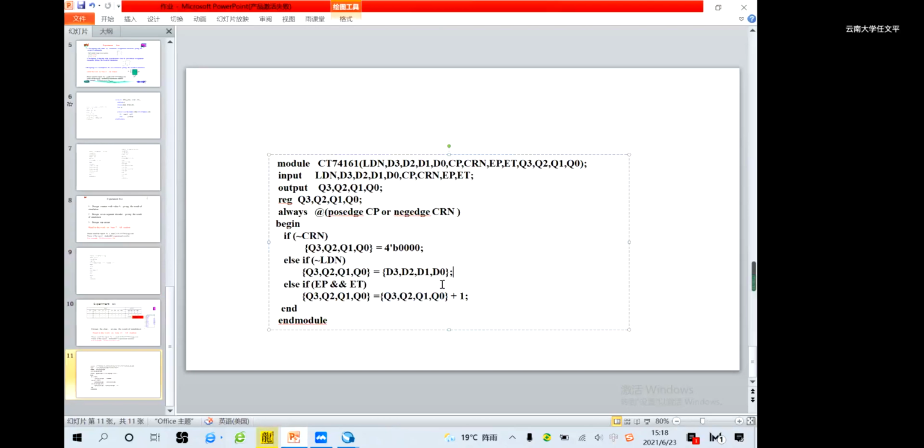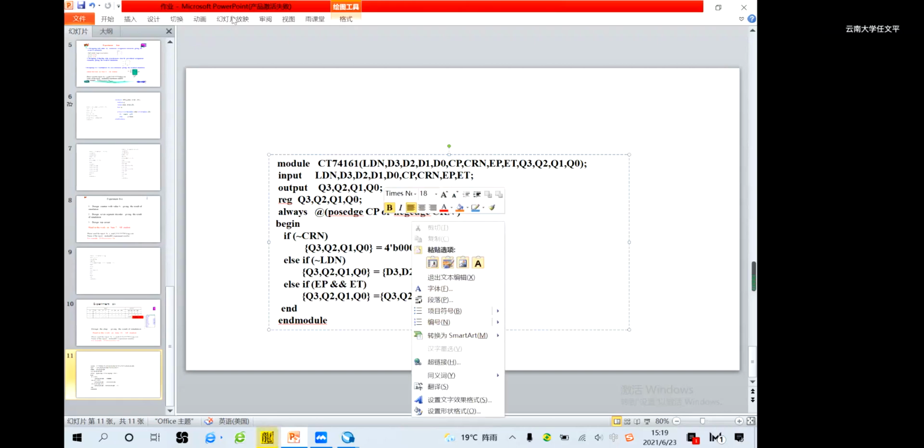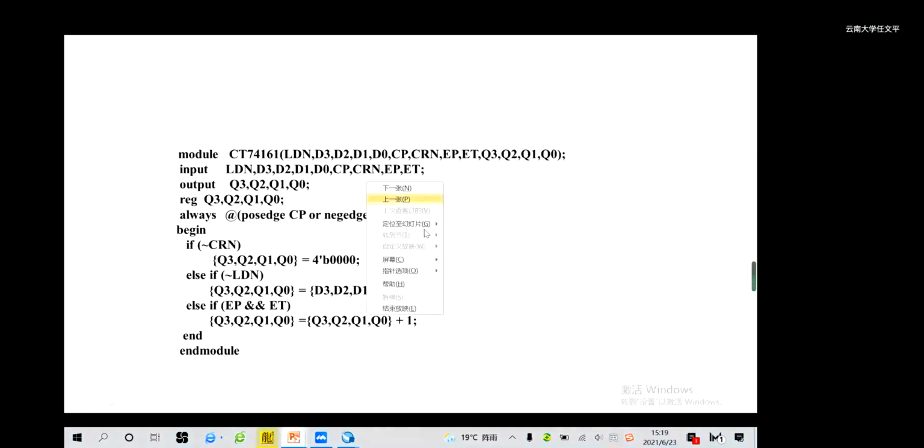If the 4-bit number starts counting, the initial number is 0, 0, 0, 0, and the last number is 1, 1, 1, 1, because this means it is 4-bit binary.